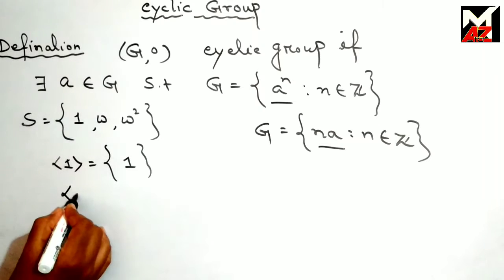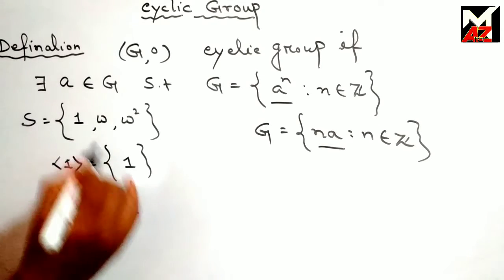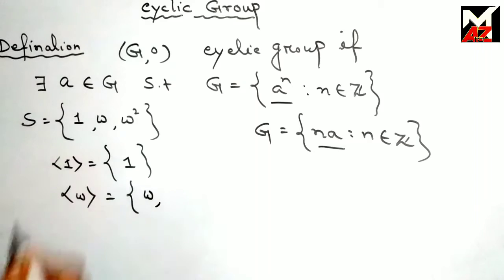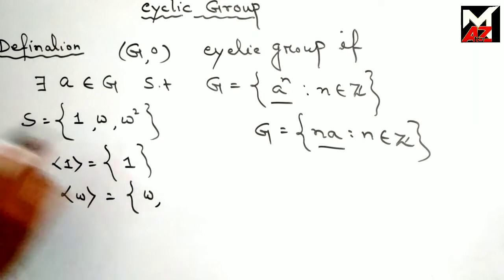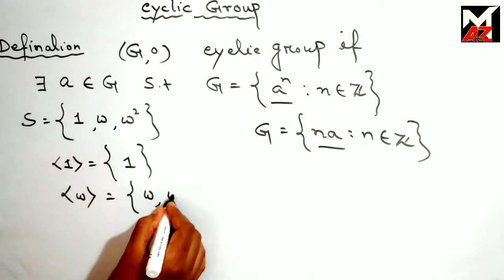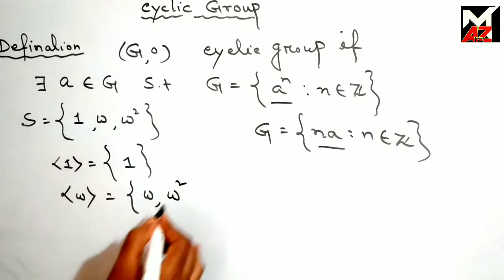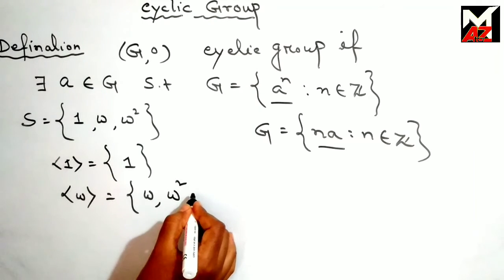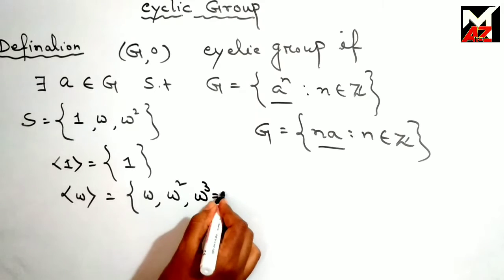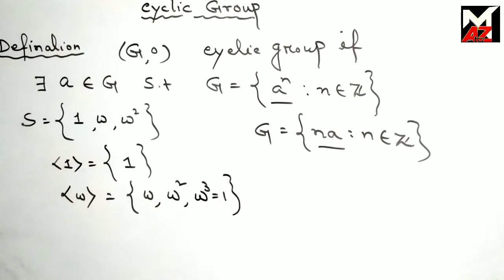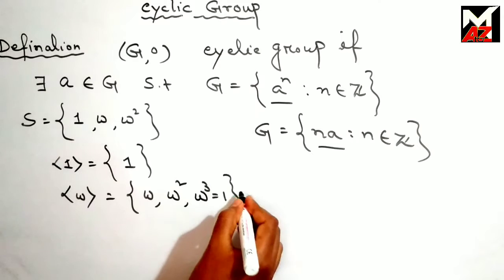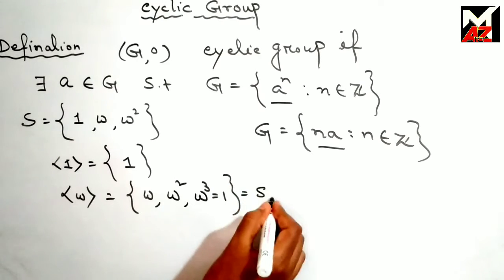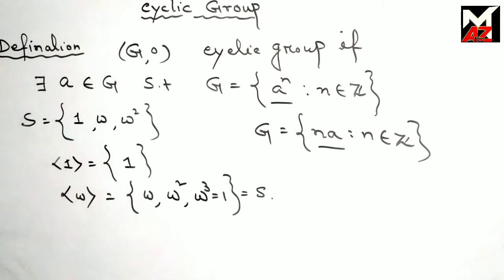But if we generate omega, then we get the first element omega, because omega to the power 1, second element omega to the power 2, and the last element omega cube, which is equal to 1. So we get the whole group, or whole set S.